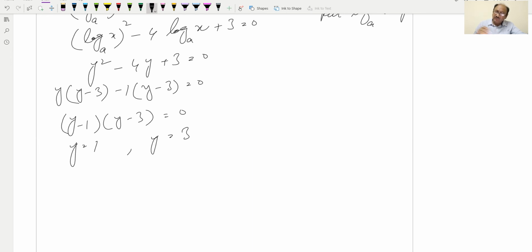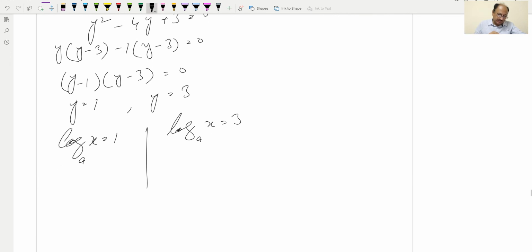So y value we will replace with log of ax. So log of ax is equal to 1, and the other one will be log of ax equal to 3. Now we can rewrite it as x is equal to a raised to the power 1, and x is equal to a raised to the power 3.